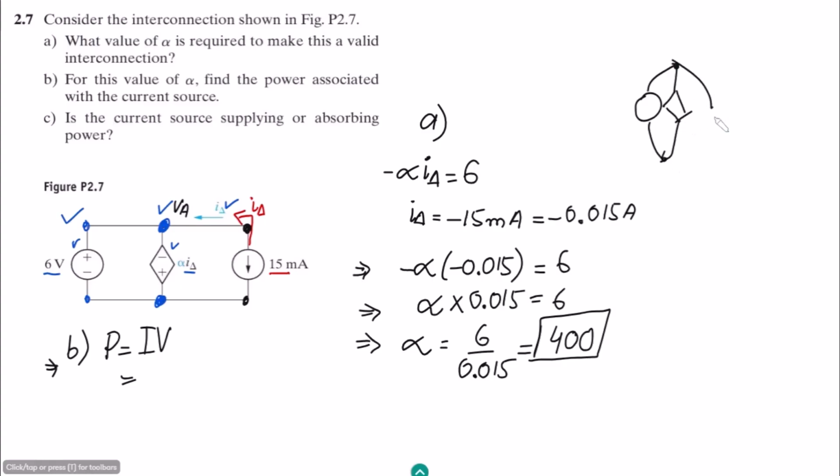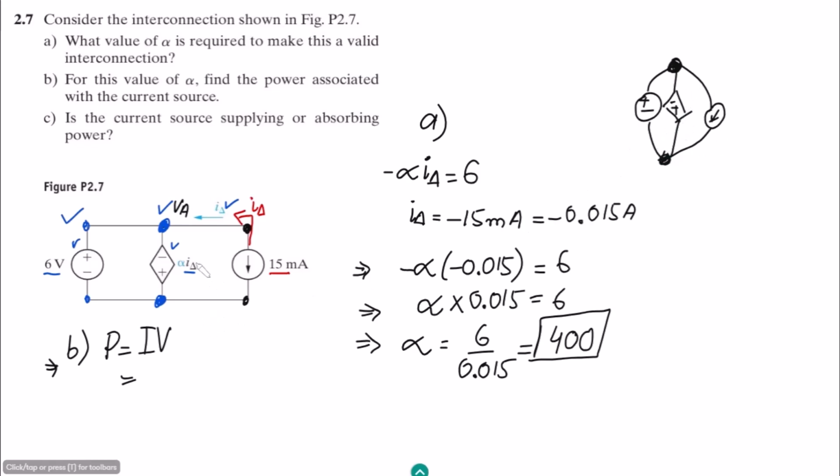This is the current source, this is the voltage source, while this one, sorry for my drawing, is the dependent voltage source. We can see that all of these three are in parallel with each other, having these two nodes common between them, so voltage will remain the same across them.